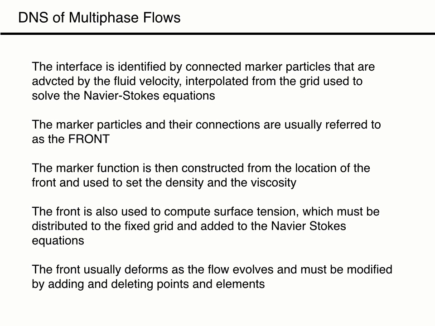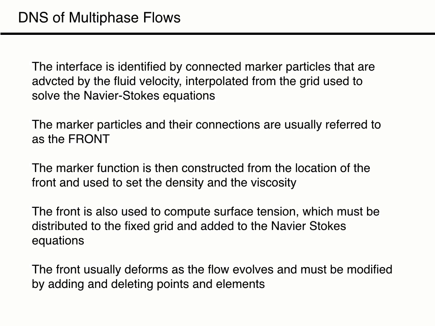In its simplest embodiment, the interface in front tracking is represented by connected marker particles that move with the fluid velocity. For two-dimensional flows, the front is simply a string of points, but in three dimensions, the front is a two-dimensional surface that needs to be represented by a surface grid of some sort to account for the connectivity of the markers. The marker particles and the connections are usually referred to as the front.